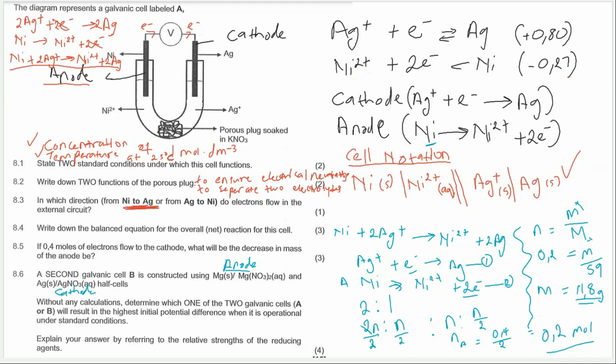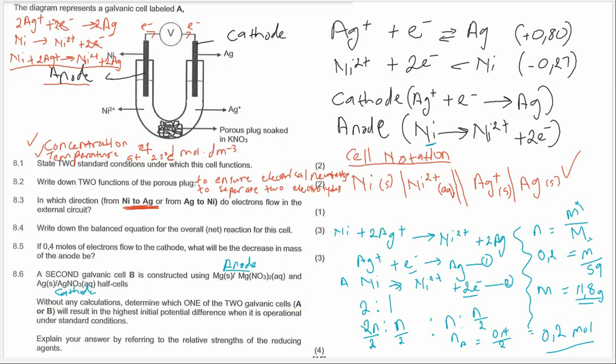So let's see, how do you answer this question? They want you to state which of those two cells, the one with nickel as an anode or the one with magnesium as cathode, will result in the highest initial potential difference.